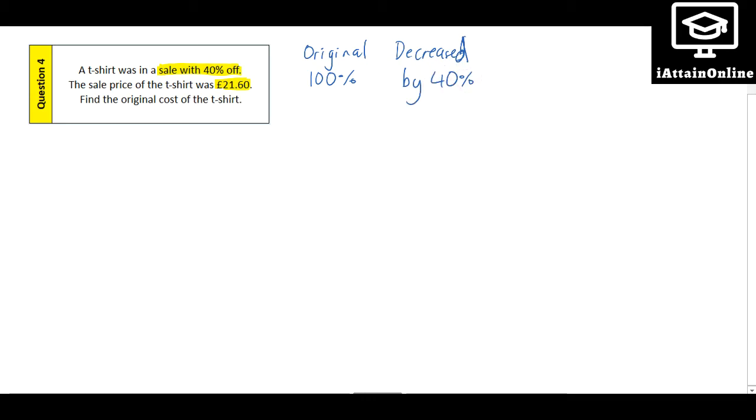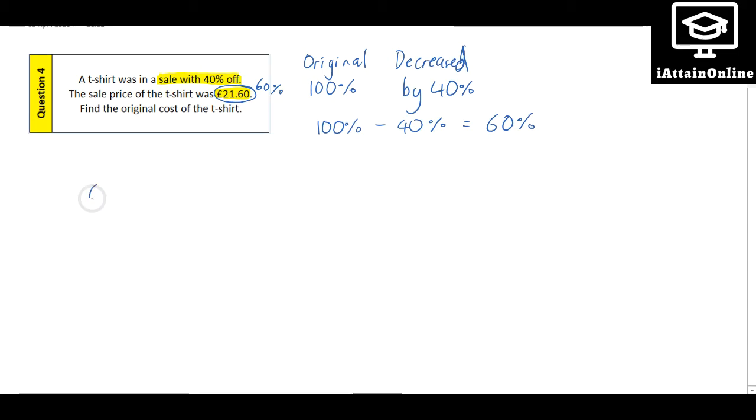Therefore, to find out what percentage that amount represents of the original amount, I'm doing 100% take away 40%. Therefore, that £21.60 represents 60% of the original amount.